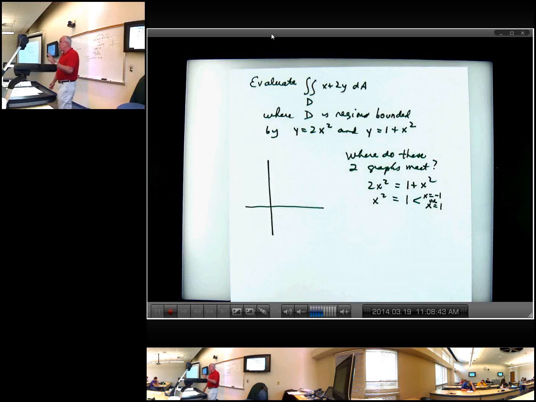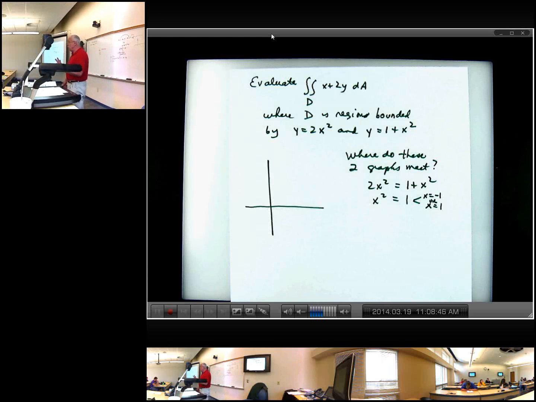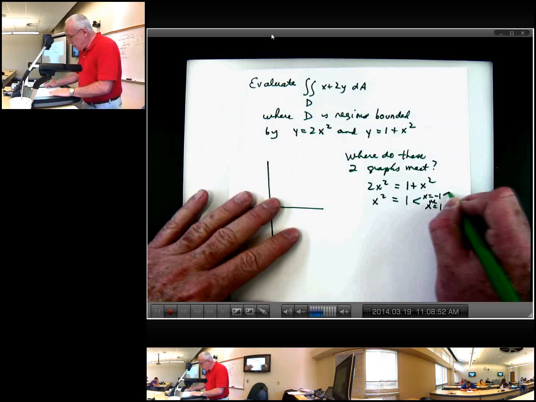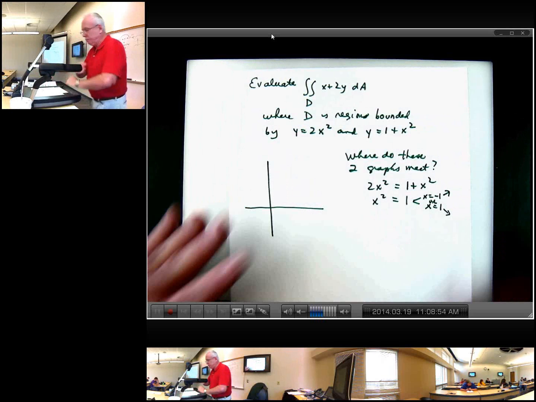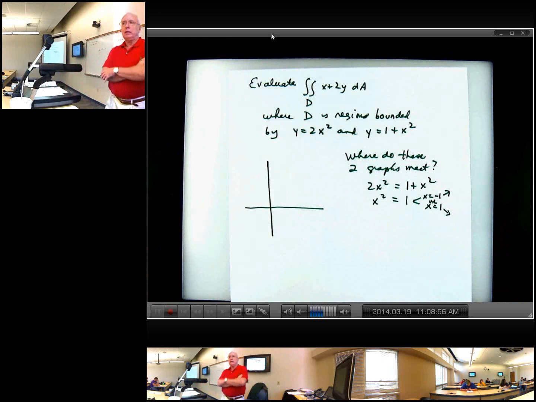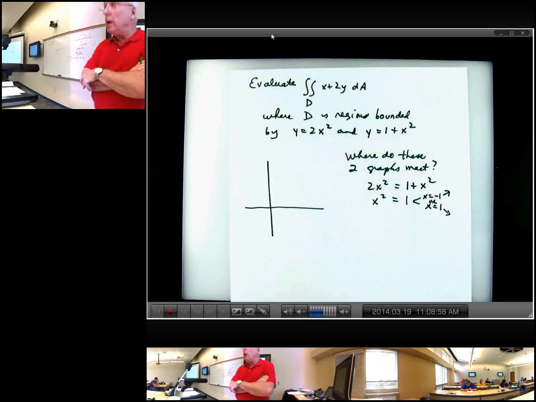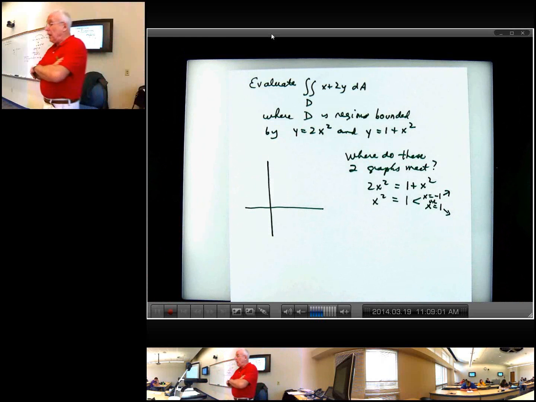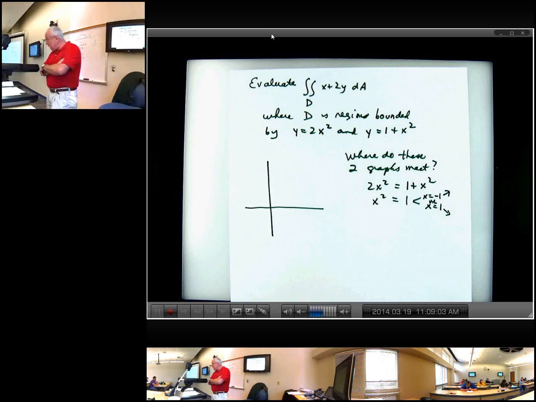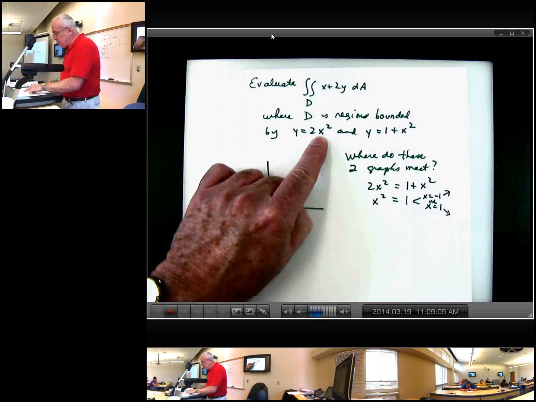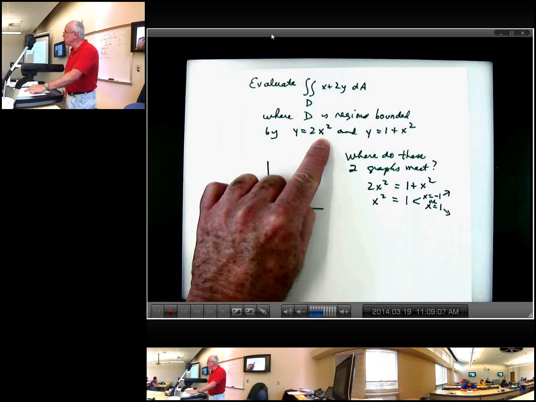Well, if that's half of the picture, what also do I need besides just the x values? I got to get the y value. So how can I get the y value? Plug it in. And it doesn't really matter which one I plug it into. I'm going to get the same answer, of course. If I just plug it into this one, I'm going to get 2 times 1.